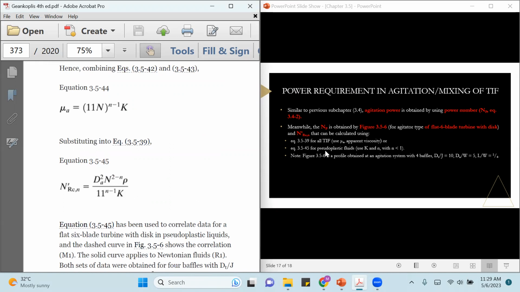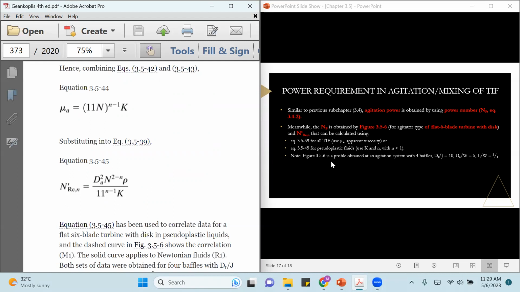But sometimes, for pseudoplastic fluids, you can also use equation 45. But please remember, since it's applicable only for pseudoplastic, the n value shall be less than 1. If my n is higher than 1, or it's a shear thickening fluid, then I cannot use this equation. You use equation 39.